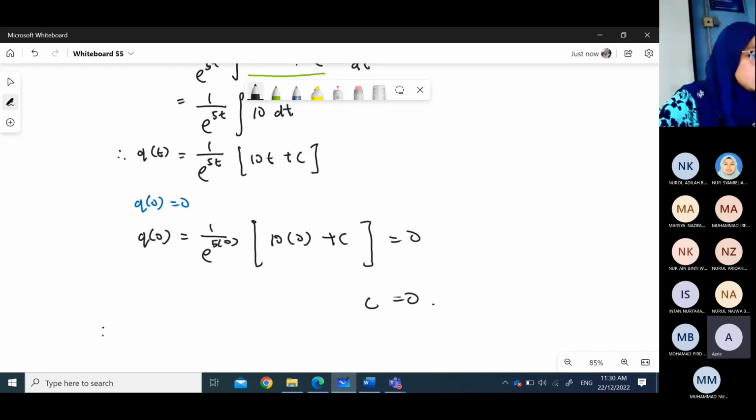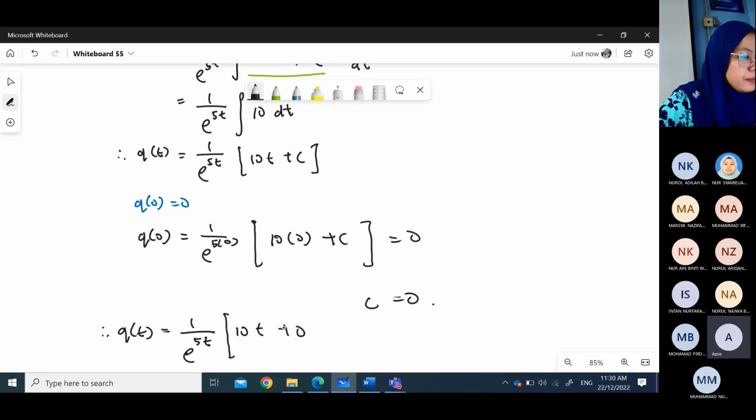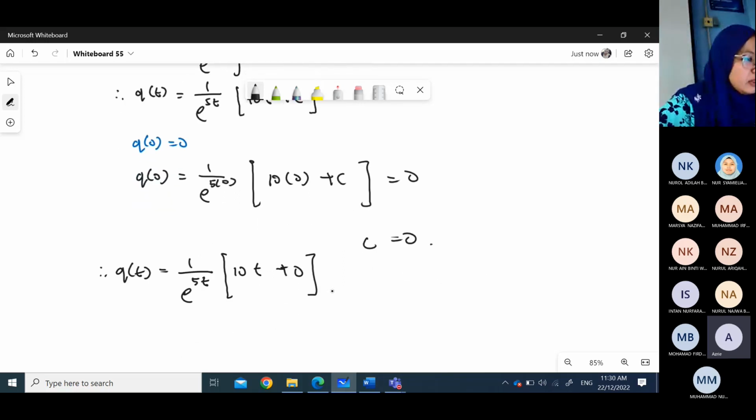Okay? So therefore, charge at any time t is 1 over exponent 5t multiply with 10t plus 0. Okay, you simplify yang ini. Then here we have charge at any time t is 10t over exponent 5t, and it is also equivalent with 10t exponent negative 5t.